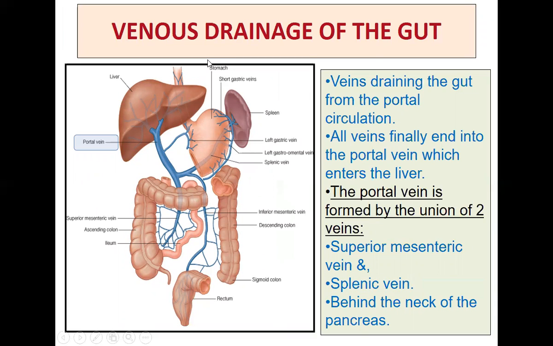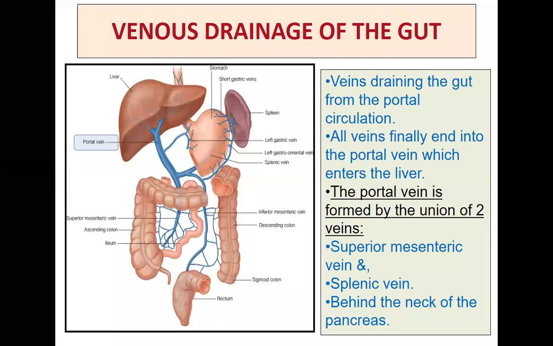Now coming to the venous drainage of the gut. The veins draining the gut drain into the portal circulation. So all the veins draining from the gut drain into the portal vein, and from there into the liver, for metabolism to take place, because all these parts are absorbing nutrition from the small intestine and large intestine.